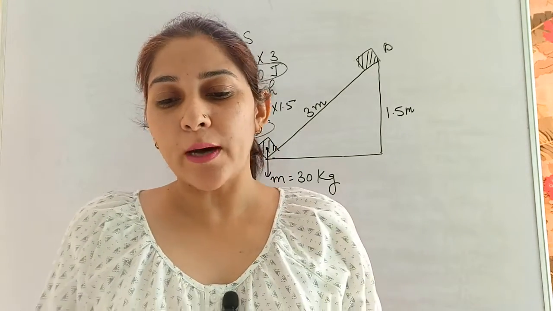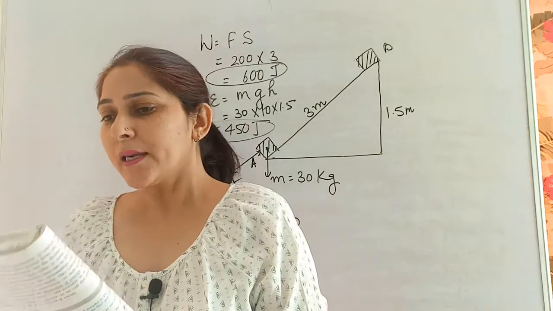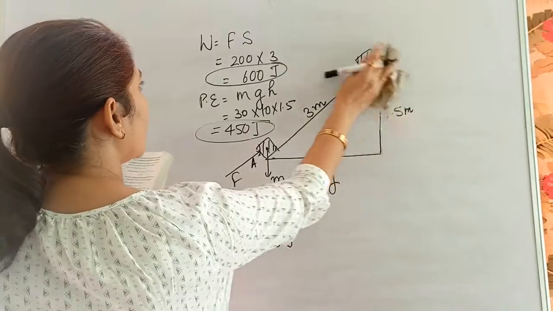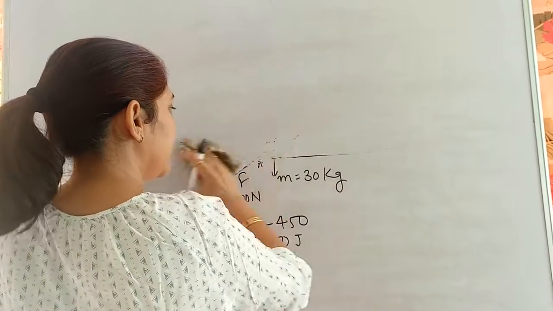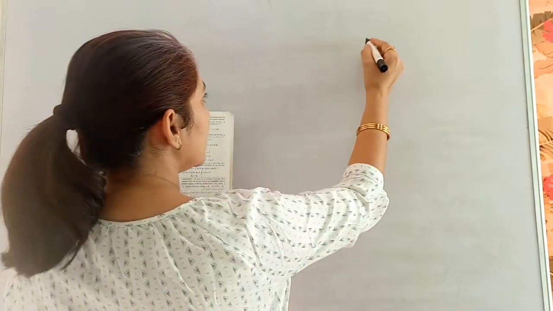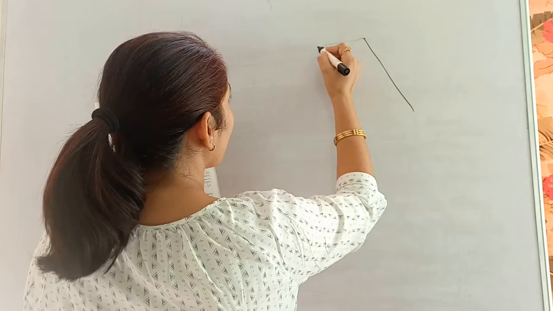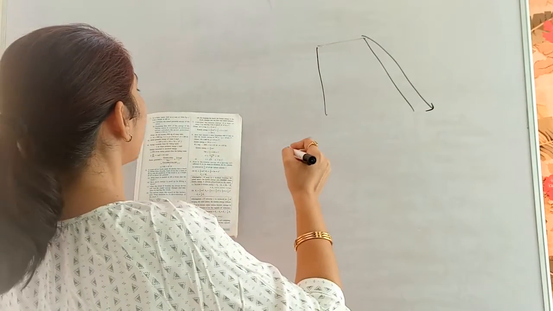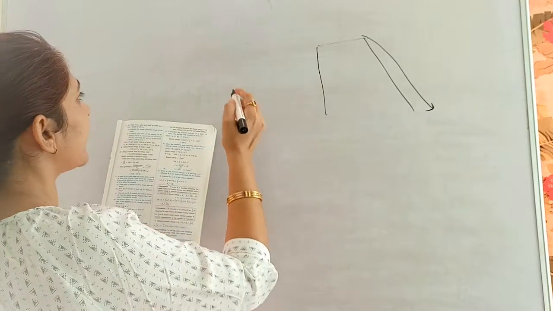Now coming on to our next one. In a dam, water falls at a rate of 1000 kg second inverse from a height of 100 meters. Suppose this we are saying as a dam, okay, and water falls from here at a rate of 1000 kg per second.